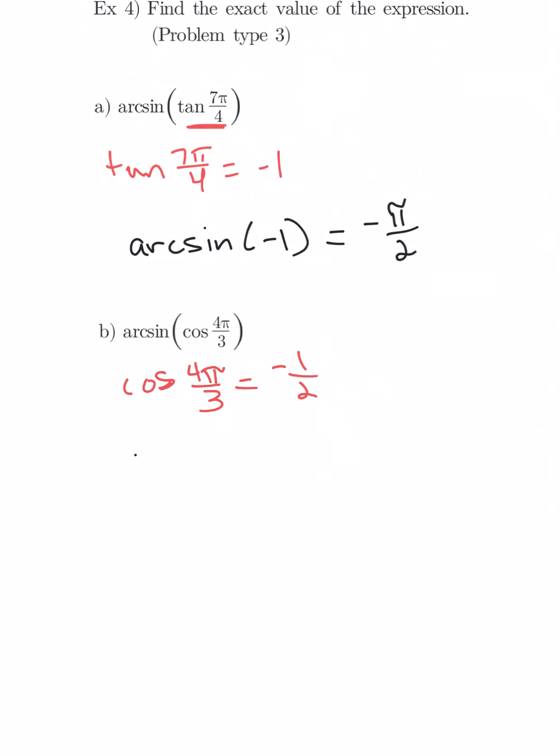And that means our problem becomes the arcsine of -1/2. Now we are going to ask ourselves, in fourth quadrant, because it's negative, what angle has a sine or a y value of -1/2? That happens at -pi over 3.